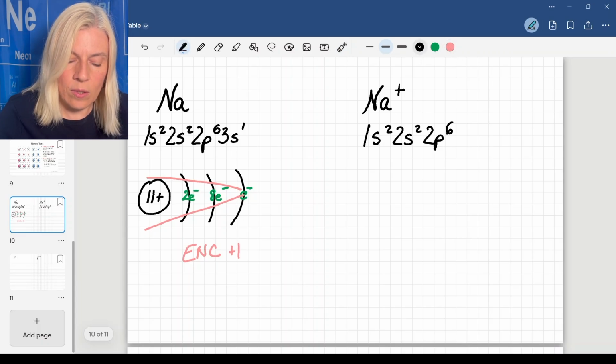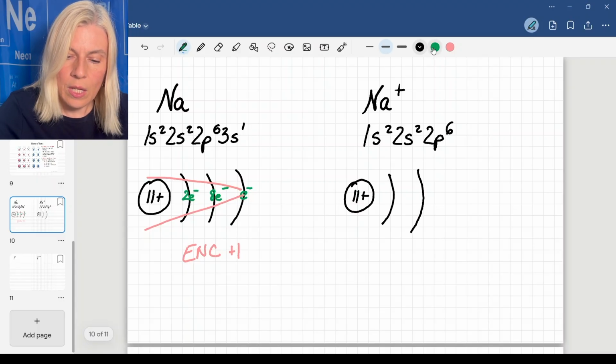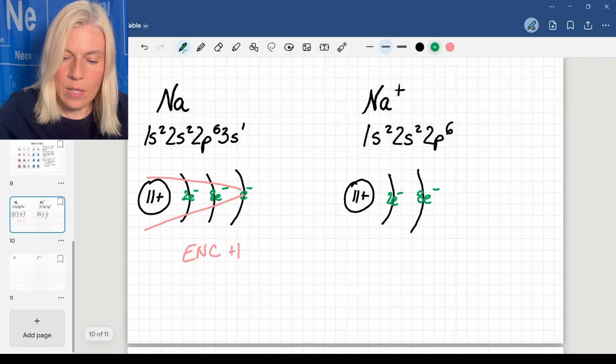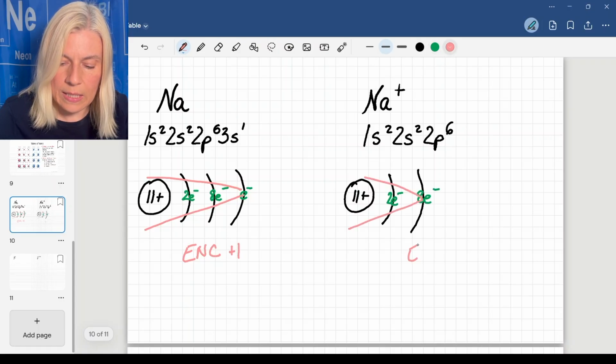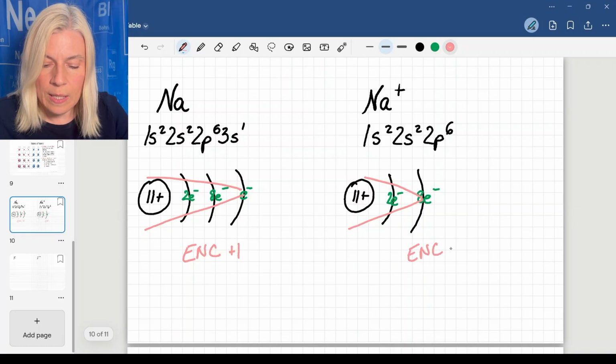And this one, sodium ion, has 11 protons, but only 2 energy layers. I'm putting 2 electrons here, 8 electrons here, and the last electron looking in, its E and C is 11 minus 2, right? +9. Whoa!